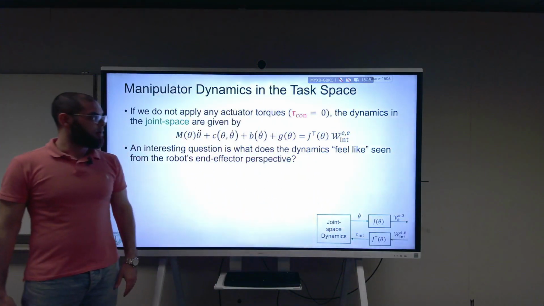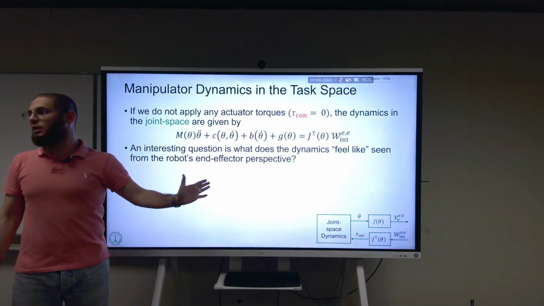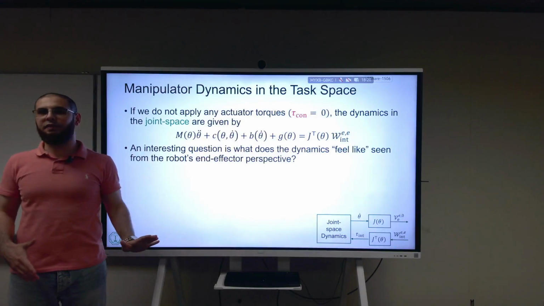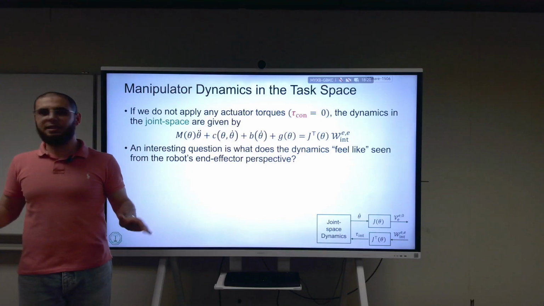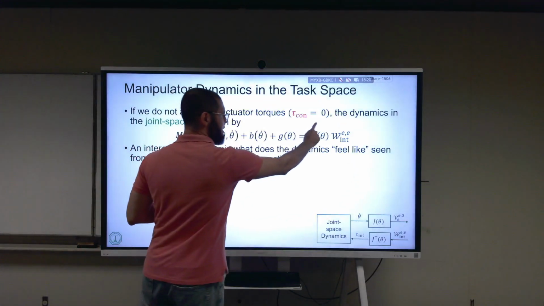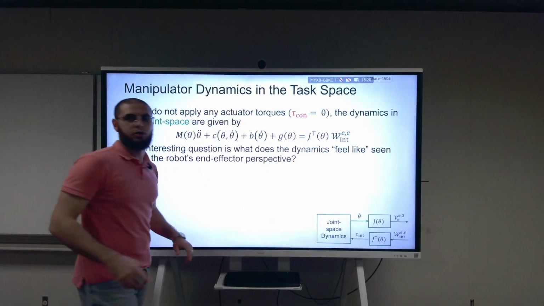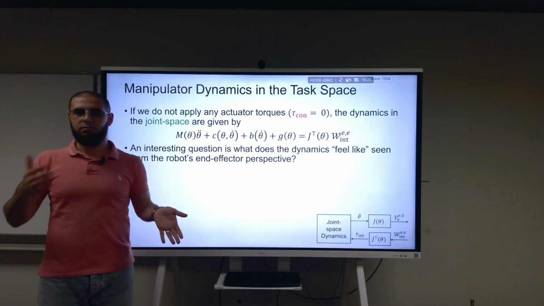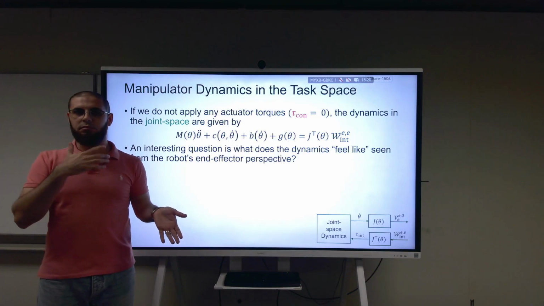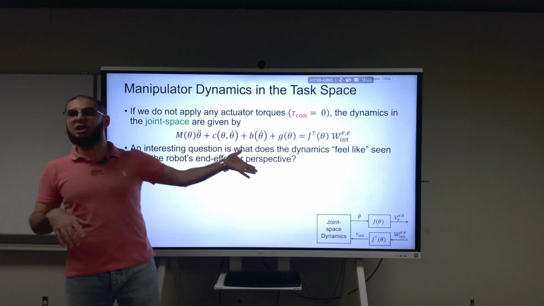To actually write it is not that hard, and that's left as a homework for you. The procedure is very simple. You see what we have here on this side? J transpose, right? Let's multiply both sides by... If you multiply by J, what happens?